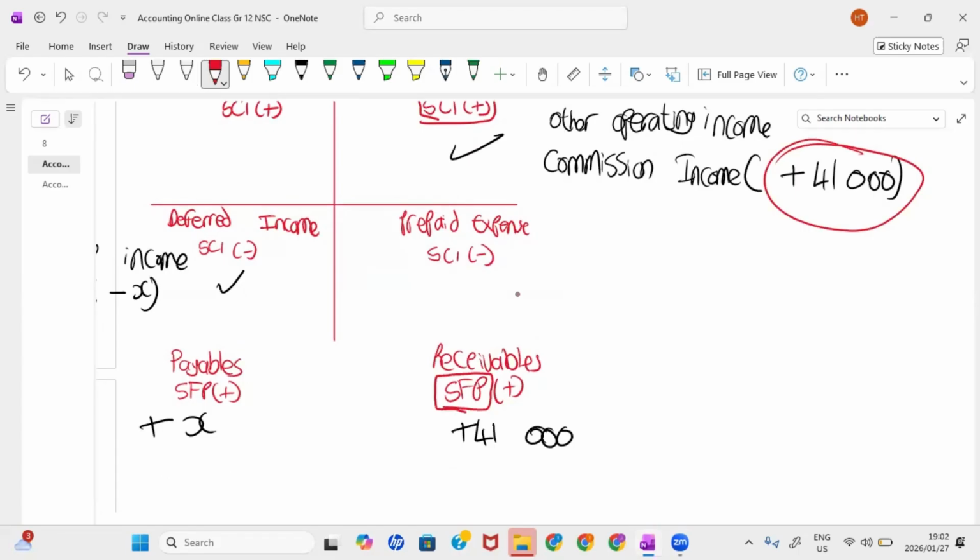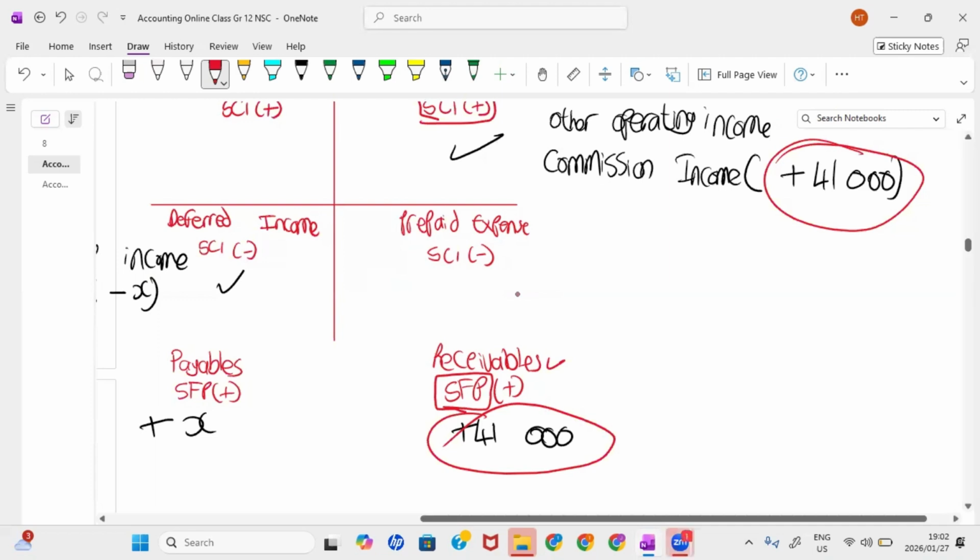So it does, because usually, whether you're dealing with accrued income, accrued expense, deferred income, or prepaid expense, when you record it, you have to record it in the income statement as well as in the balance sheet. So it applies for both.